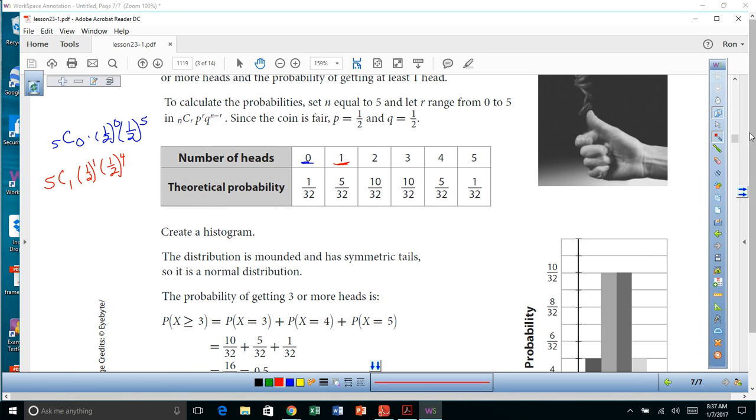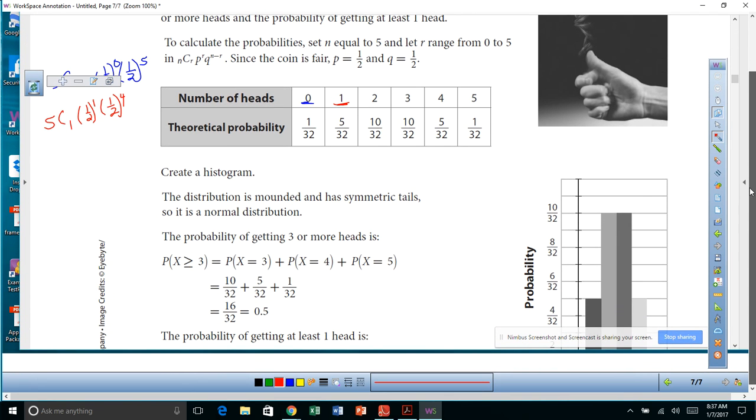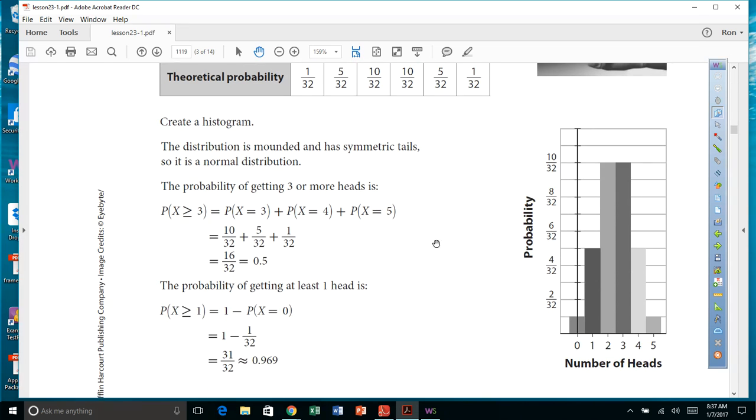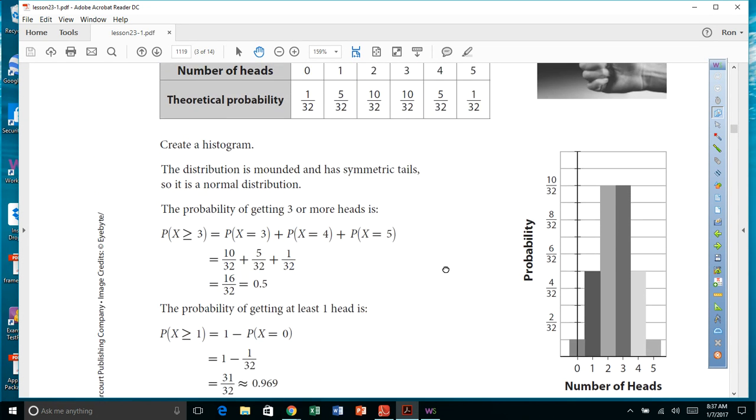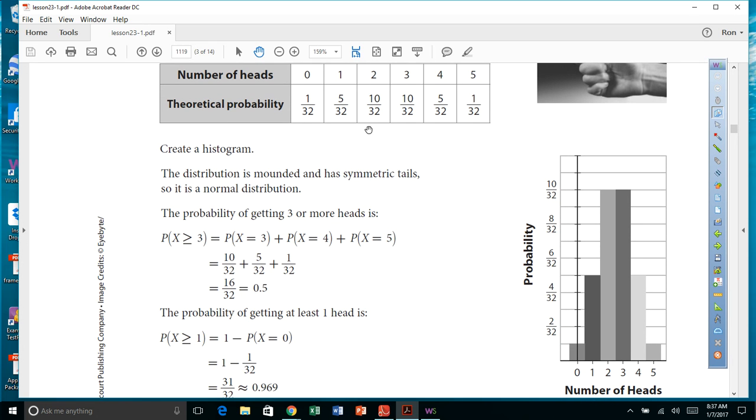All right, so create a histogram. The distribution is mounded and has symmetric tails, so it is a normal distribution. The probability of getting 3 or more heads is the probability of 3 plus the probability of 4 plus the probability of 5.